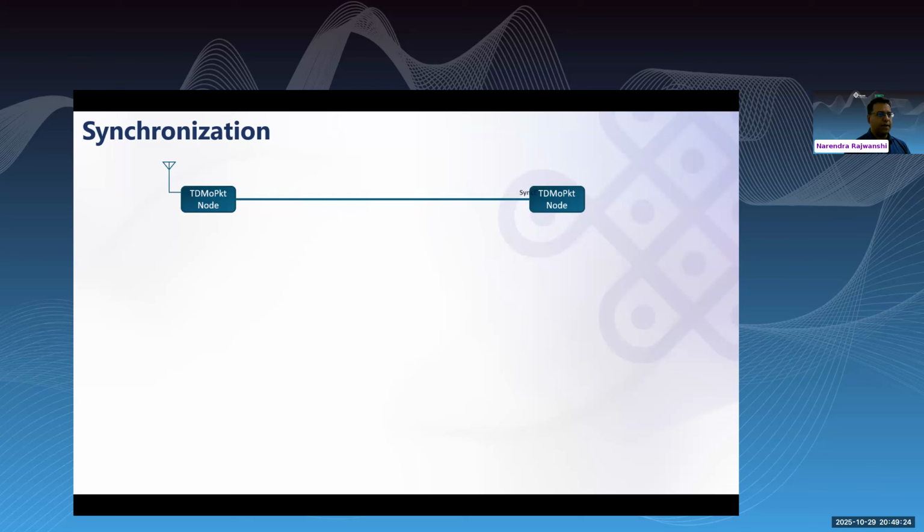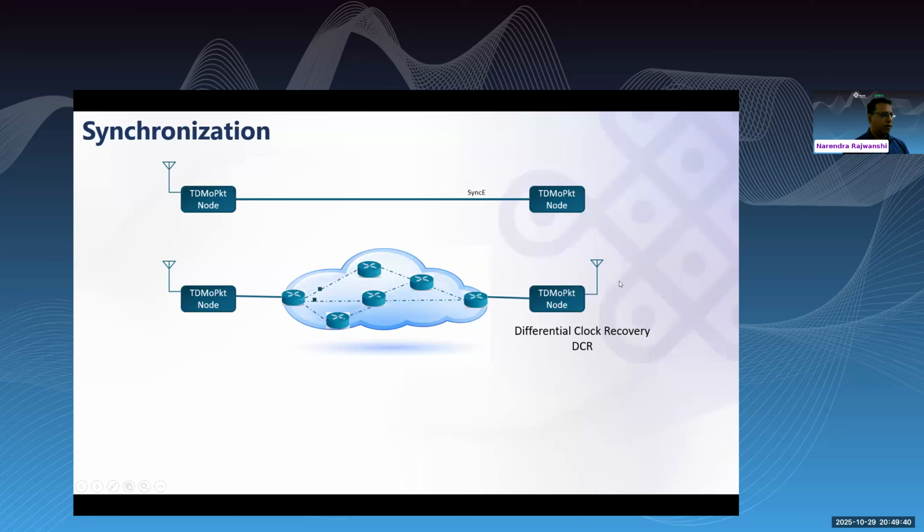That is the synchronous Ethernet protocol. And if there is an IP MPLS cloud in between, both the endpoints need to be synced through the external clock, a primary reference source, and then a differential clock recovery algorithm runs to synchronize the packets in the sequence. That is the DCR algorithm.